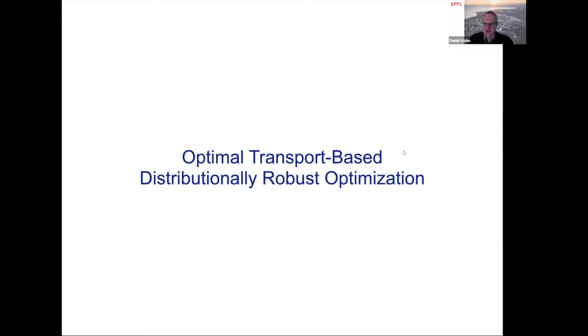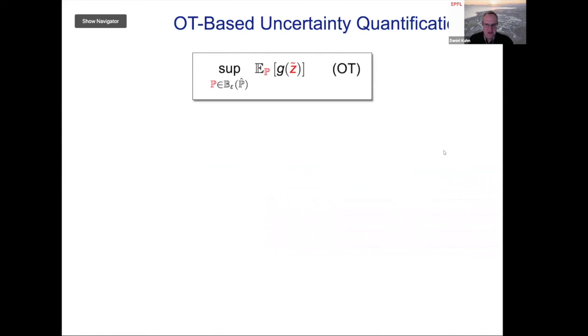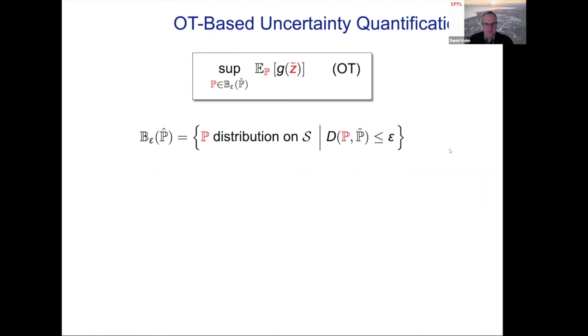In addition, they also allow us to derive convex reformulations for certain new distribution robust optimization problems that have not yet been studied in the literature. And one such example is the uncertainty quantification problem that is shown here, which evaluates the worst case expectation of the disutility function G over an ambiguity set defined by an optimal transport distance. So this ambiguity set contains all distributions P on a given support set script S that have a distance of at most epsilon from a given nominal distribution P hat.